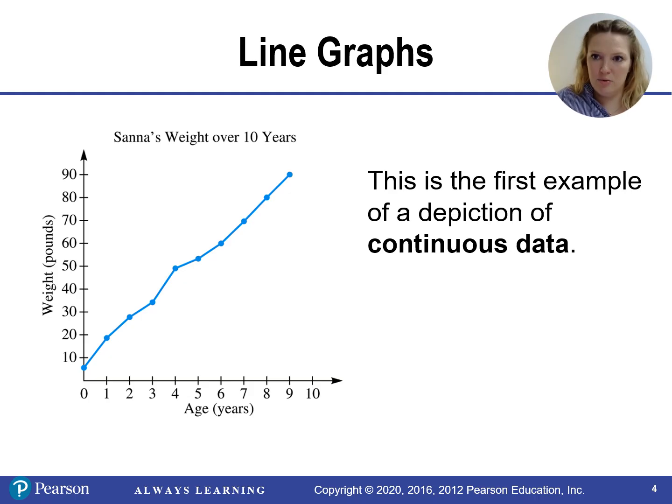This is continuous data because from year to year, her weight didn't just spontaneously jump from 5 pounds to 19 pounds. Over the course of that year, she was growing, so we connect it with a line. So her age is on the x-axis and her weight is on the y-axis.